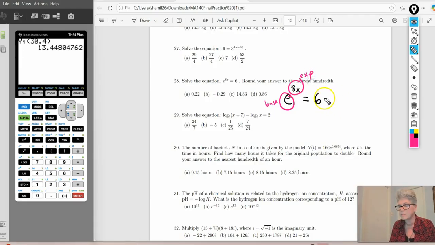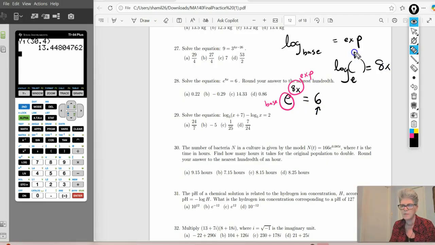And what's left over is going to be your argument. So we're going to have the logarithm at base e is equal to the exponent, which is 8x, and then the leftover bit is what goes in here.